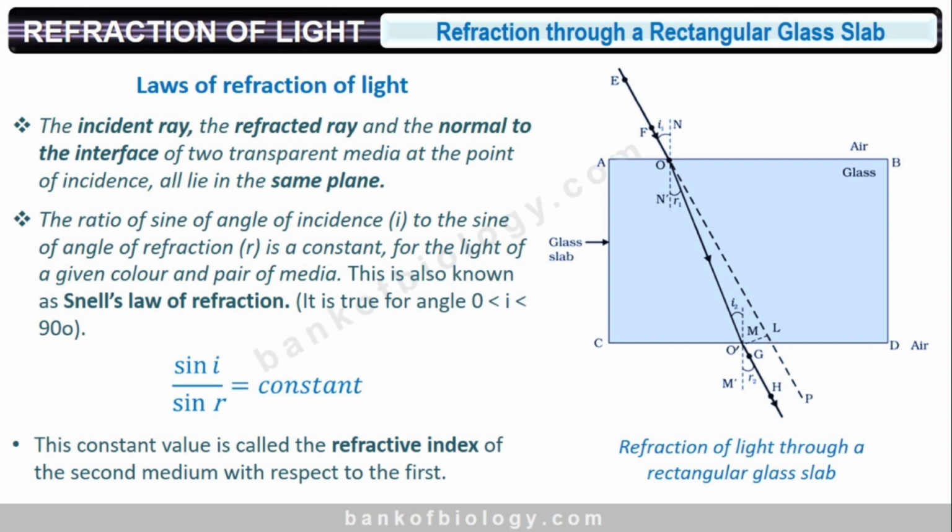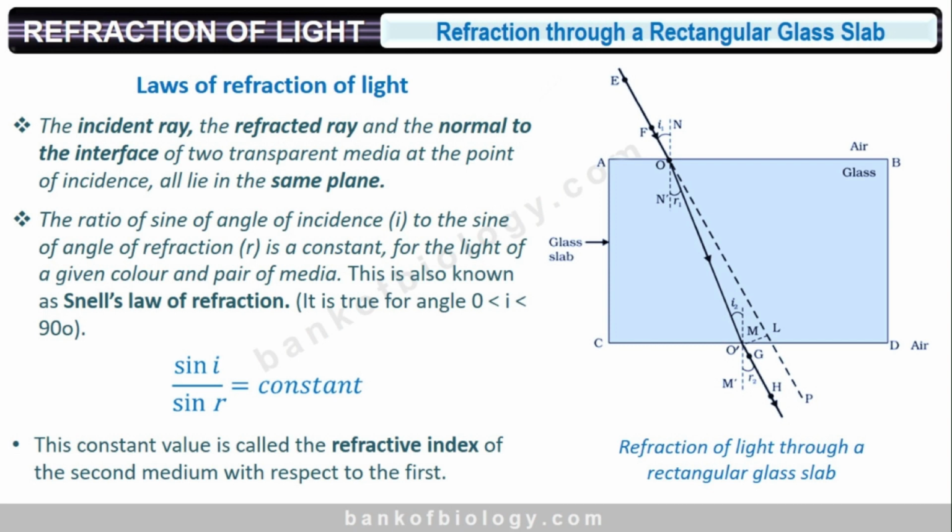The ratio of the sine of the angle of incidence i to the sine of the angle of refraction r is a constant, for light of a given color and pair of media. This is also known as Snell's law of refraction. It is true for angles above 0 and below 90.